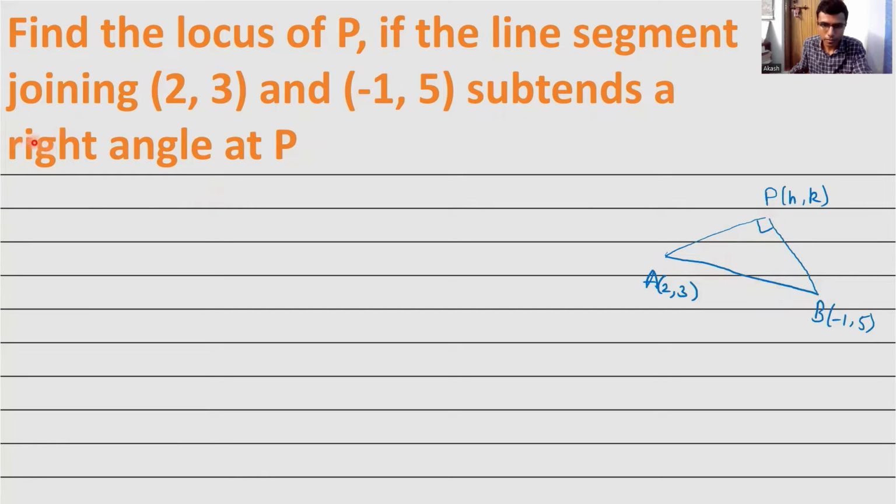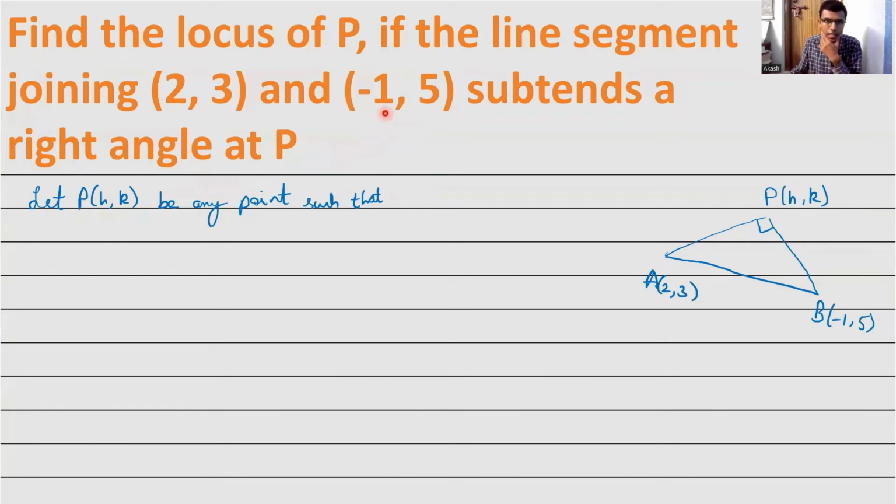So to start off our basic line, let P h comma k be any point on the locus.